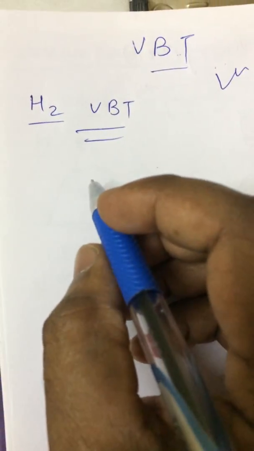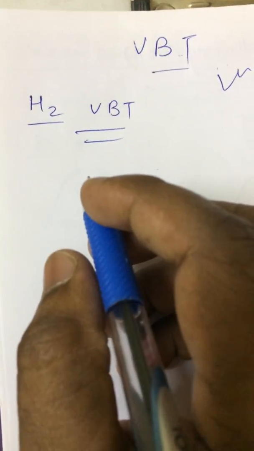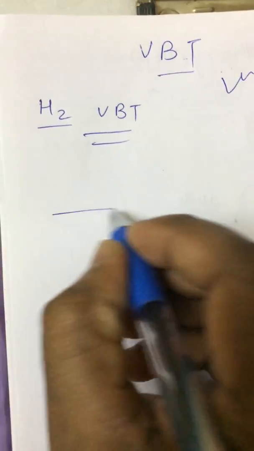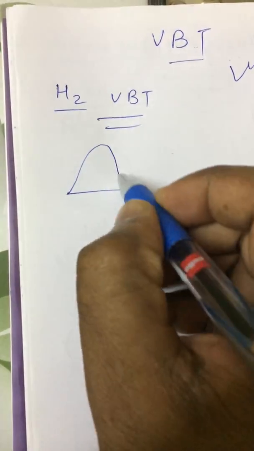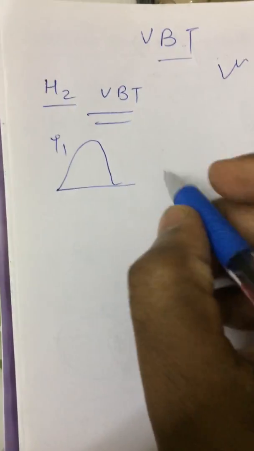And now I will discuss the basic idea of how orbitals form from the wave functions of single electrons. For example, if we treat the hydrogen molecule with valence bond theory, let's say the electron has wave function psi 1.